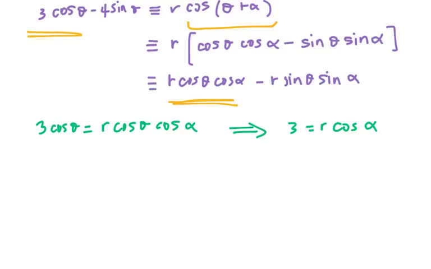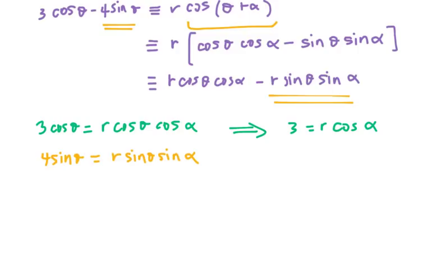Then that must also mean that 4 sin theta has to be equal to r sin theta sin alpha. So therefore, 4 must be equal to r sin alpha. Therefore, r sin alpha over r cos alpha has to be equal to 4 over 3.